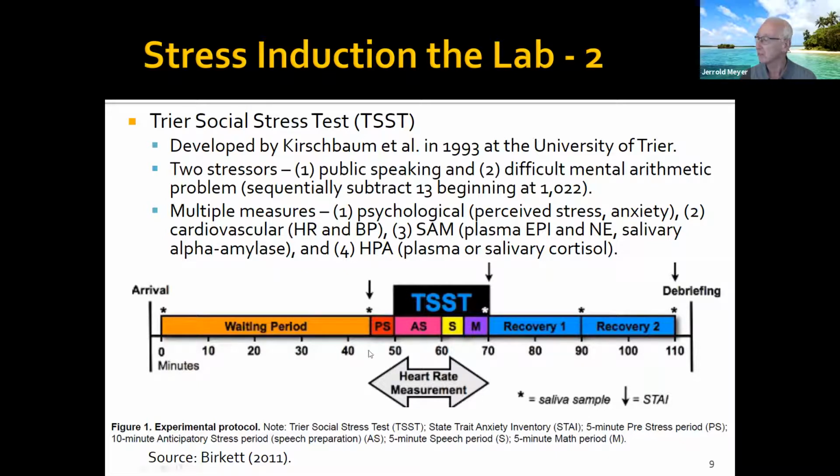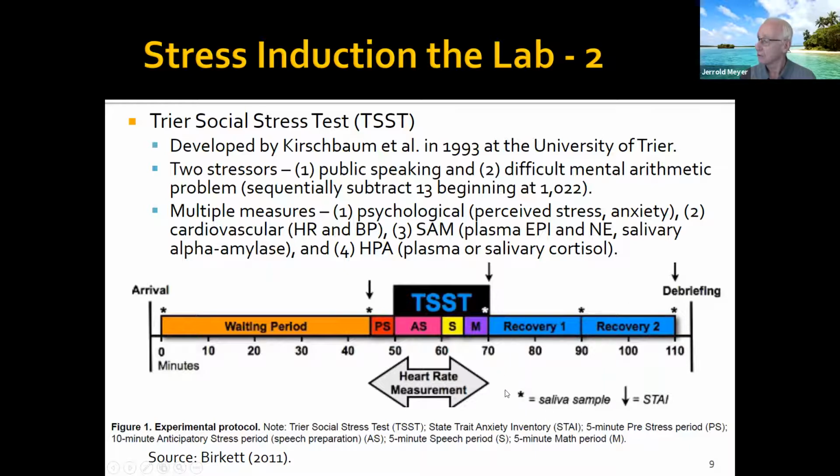And then the AS is the anticipatory stress period. This is where you're preparing a 5-minute speech, then a math period, so 5 minutes of doing that, and then recovery.